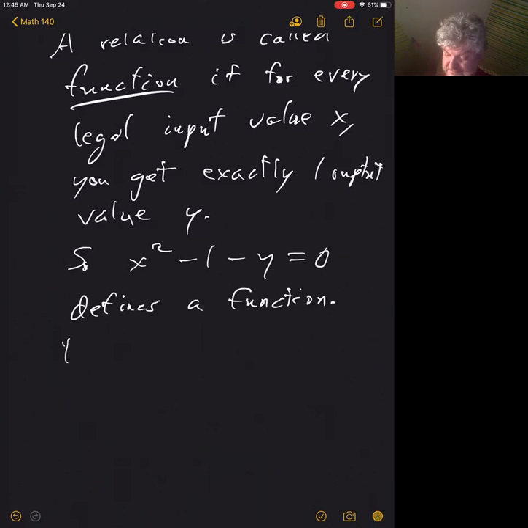And x squared minus 1 minus y squared equal to 0 does not define a function.